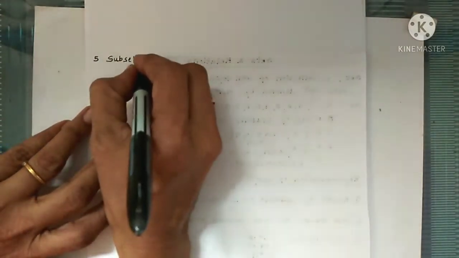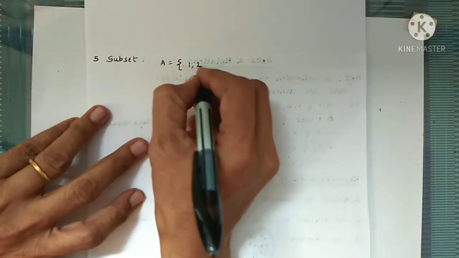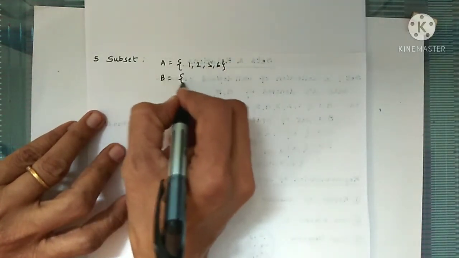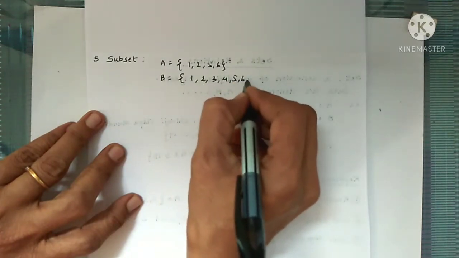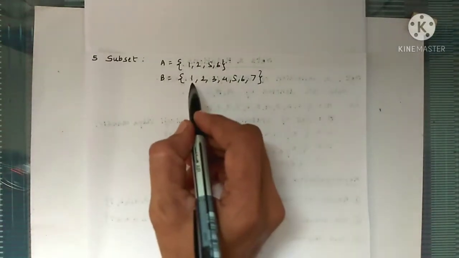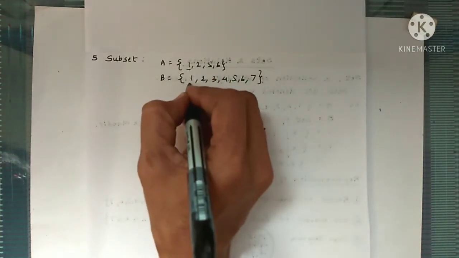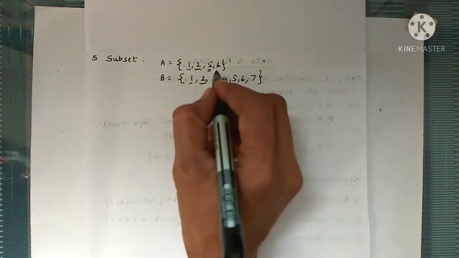The next one is the subset. For example, if A contains the elements 1, 2, 5, 6, and set B contains 1, 2, 3, 4, 5, 6, 7, then every element of set A is also an element of set B. You can see here that 1, 2, then 5 is included here and 6 is included here.